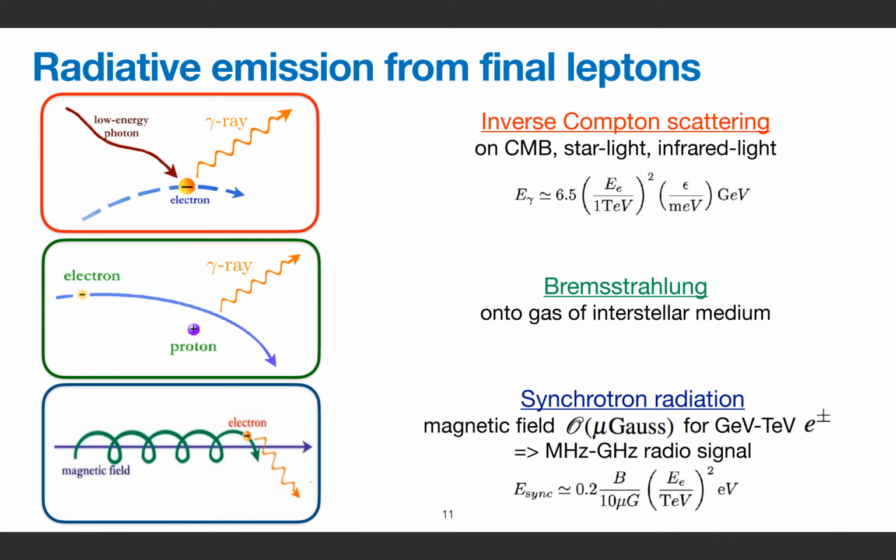You can have bremsstrahlung or synchrotron radiation that will give a signal at radio frequencies. So the spectrum that you expect in the end from dark matter predictions is truly multi-wavelength.